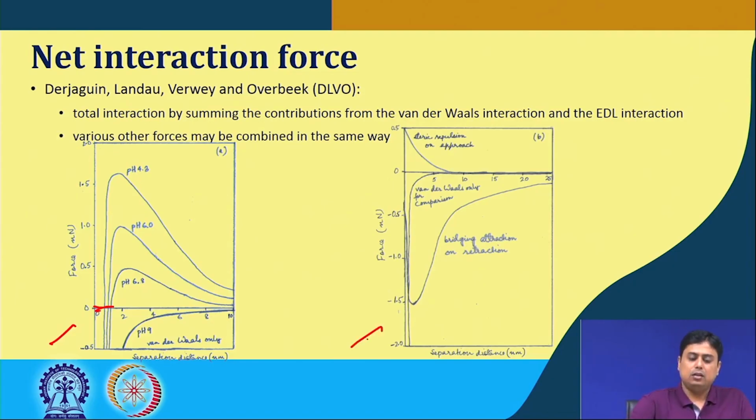This schematic shows the force versus separation distance for the bridging attraction on retraction. So, when there are two particles, if we make them closer, then there is a small amount of steric repulsion on approach.